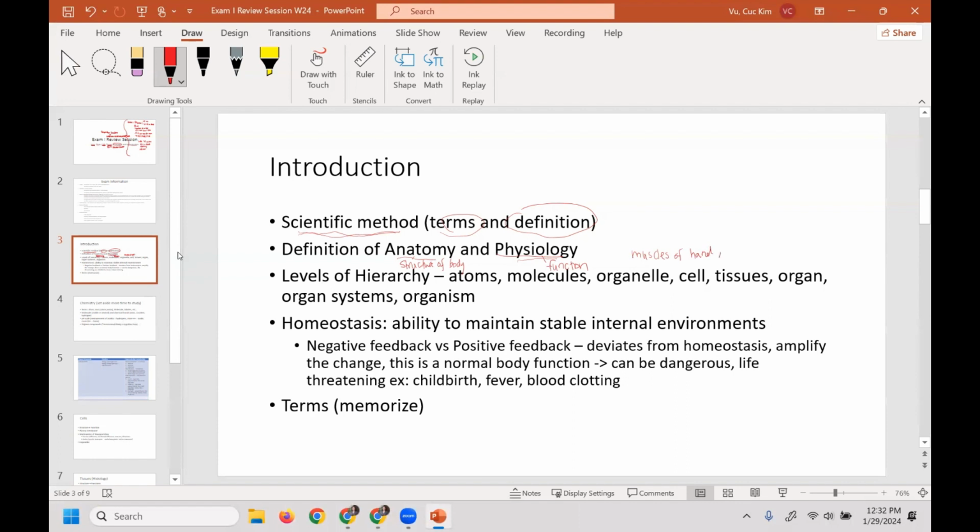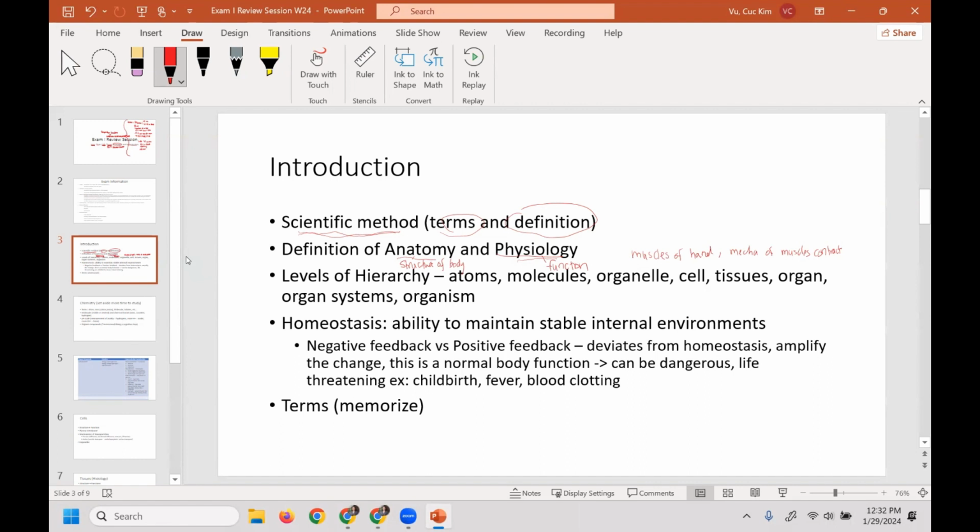If you were studying the mechanisms of how your muscles contract in order for your hand to move, what would that be? Physiology. Very good.